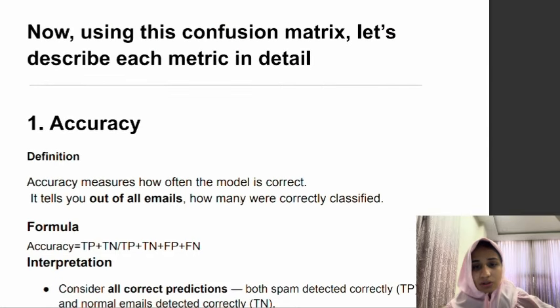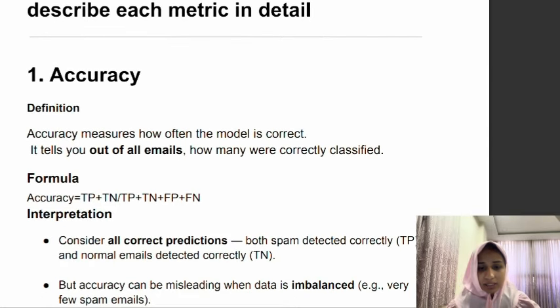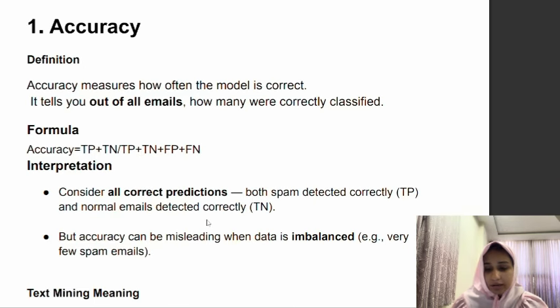So using the confusion matrix, accuracy measures how often the model is correct. It tells you out of all emails how many were correctly classified. So accuracy is TP plus TN upon TP plus TN plus FP plus FN. So we consider all correct predictions, that is TP and TN.